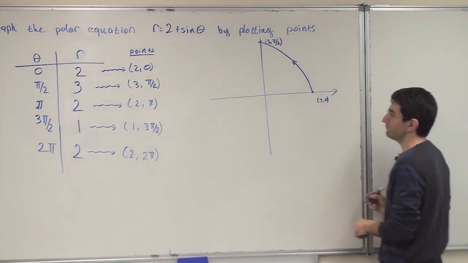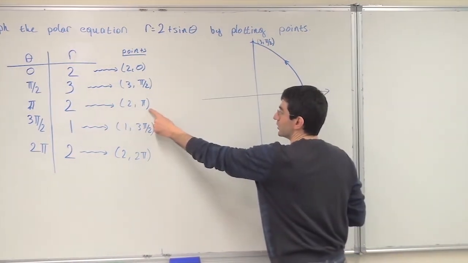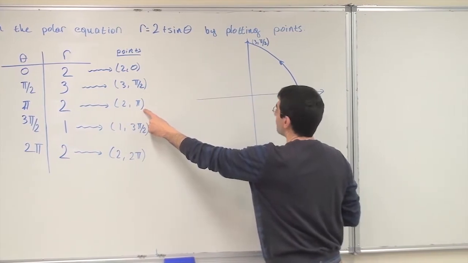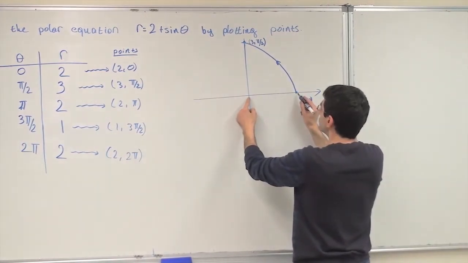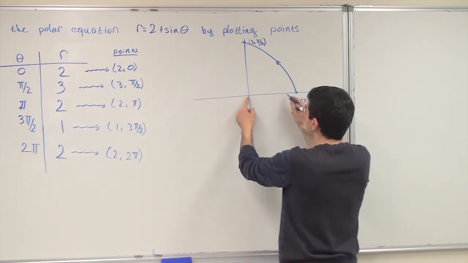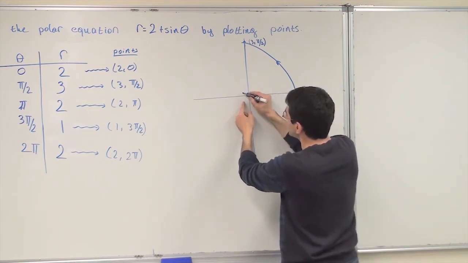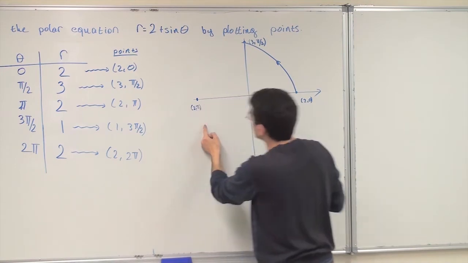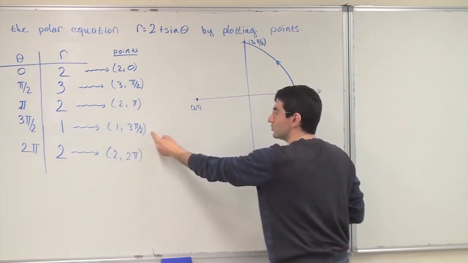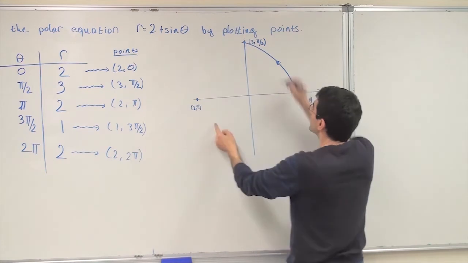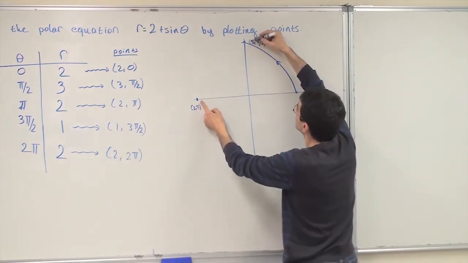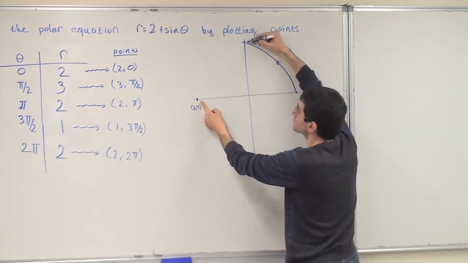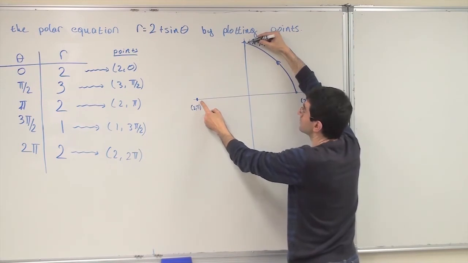Then we move on to the third point, which is 2, pi. So the distance 2 is rotated by an angle of pi in the counterclockwise direction, and we come to that point. And before moving on to the next point, we connect this point with the previous point using an arc in the counterclockwise direction.